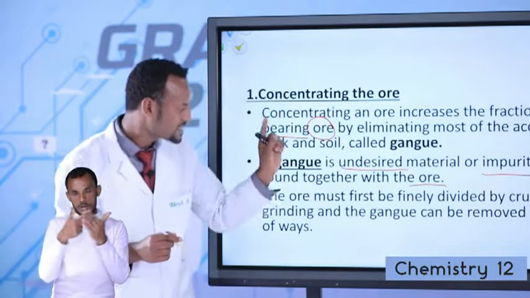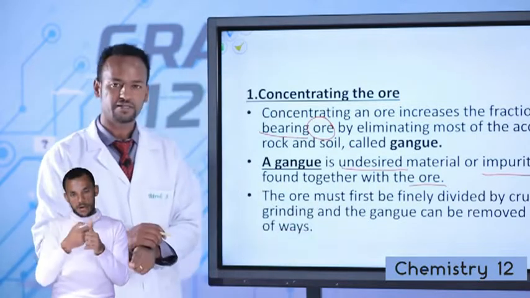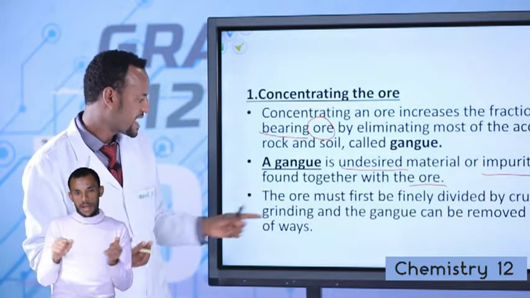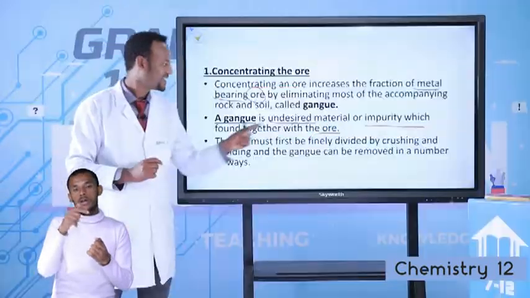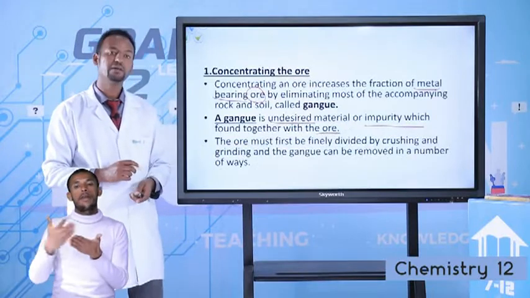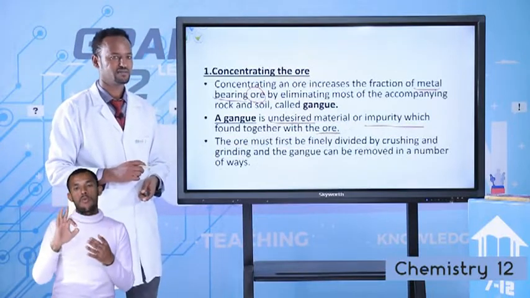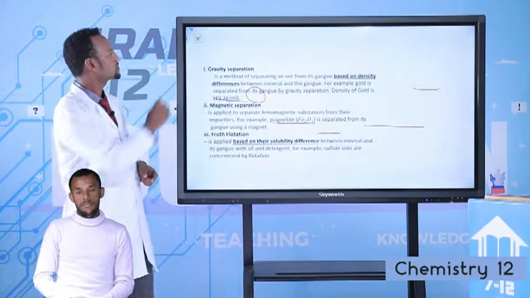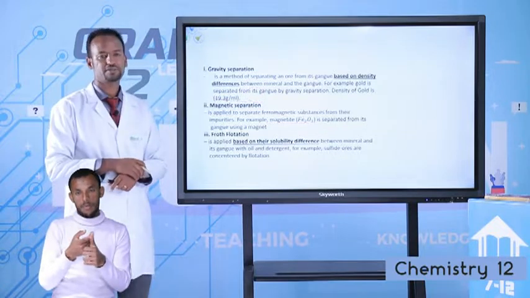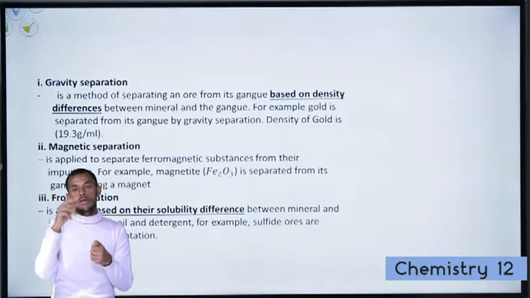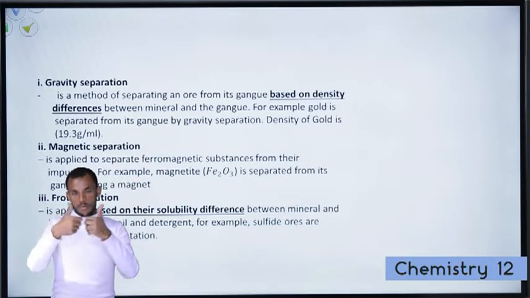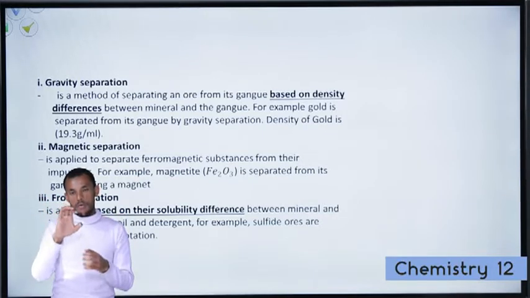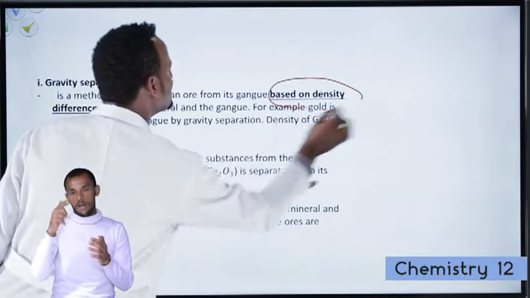Therefore, the ore must first be finely divided by crushing and grinding, and the gangue can be removed in a number of ways. The first one is gravity separation. Gravity separation is a method of separating an ore from its gangue based on density differences.